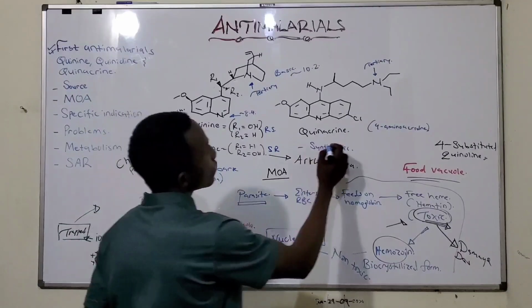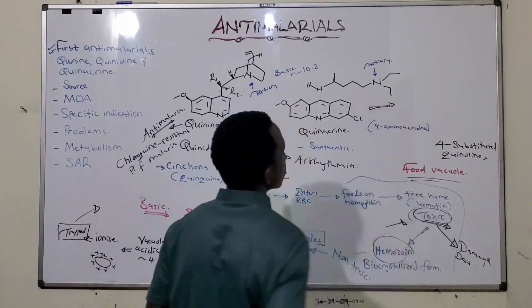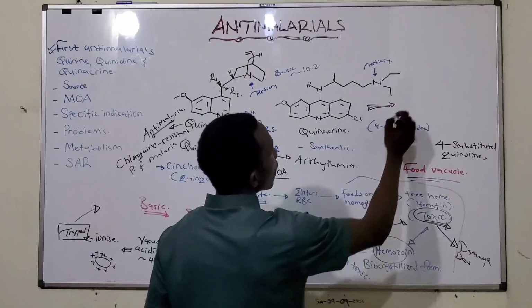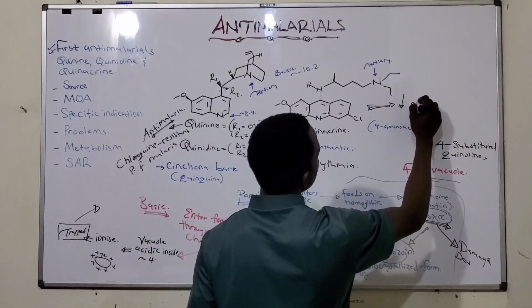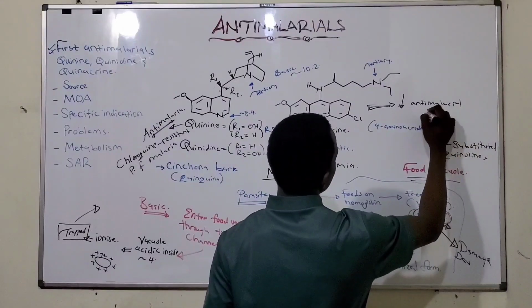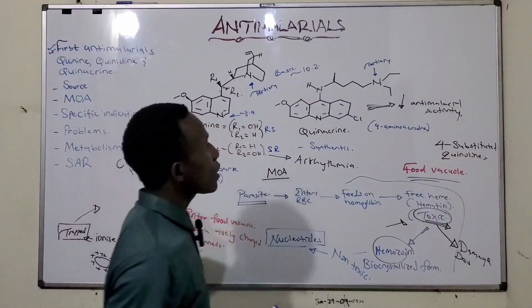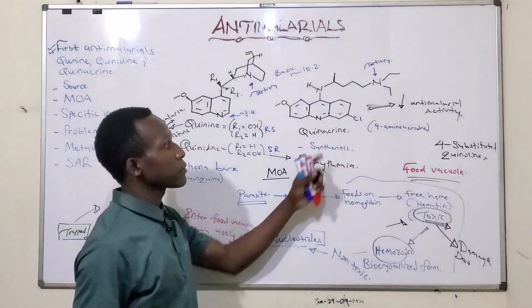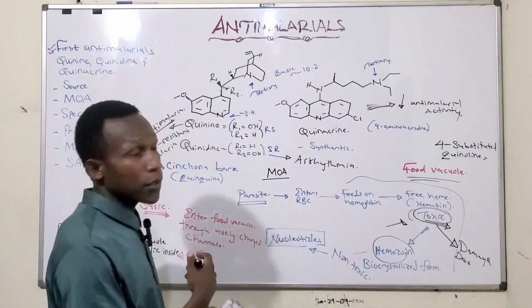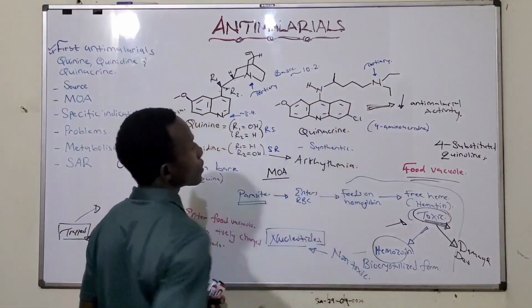And for quinacrine, this one, after identifying that this drug had low antimalarial activity, they synthesized the other antimalarials like chloroquine, as we saw in the previous video, that from here we can get chloroquine.